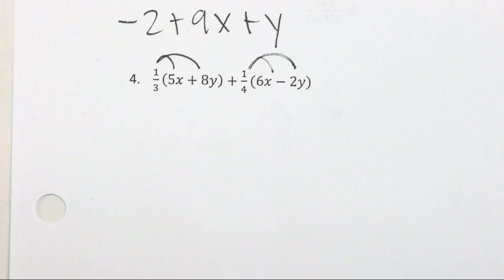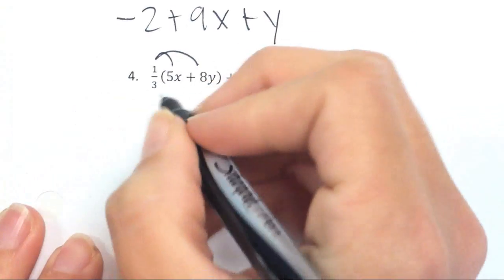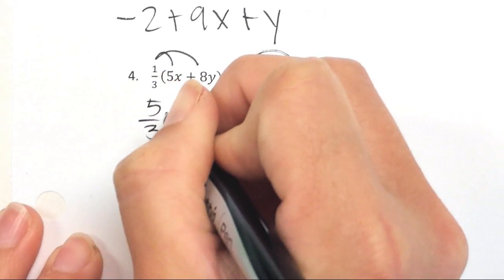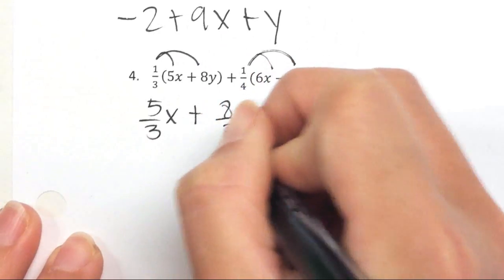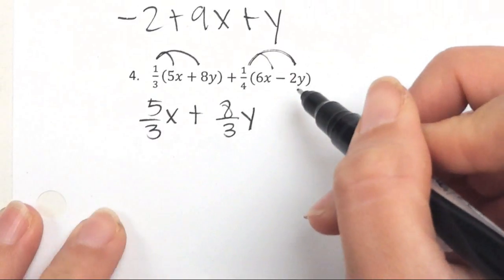Okay. So again, Caitlin, tell me what this is going to be when I distribute both of these. Good. And this is going to be what, Jarish, right here?